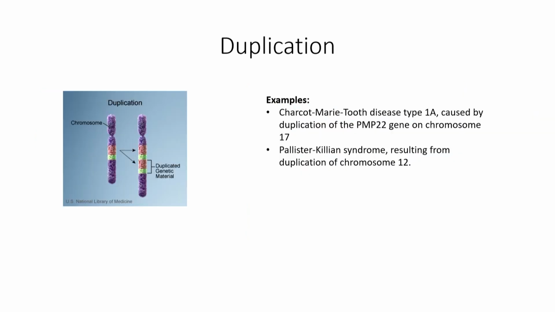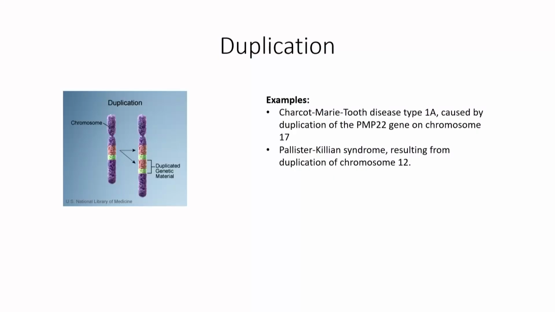Now let us come to duplication. Similarly, like deletion can occur, duplication can also occur. Here in this picture, this is a part of a chromosome. In the second picture, this part is duplicated.